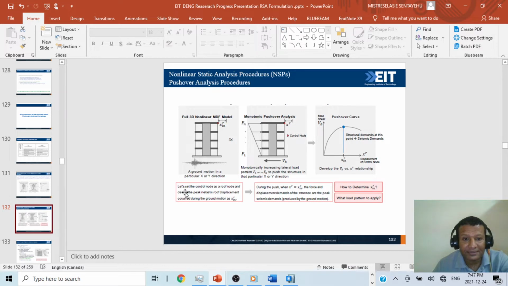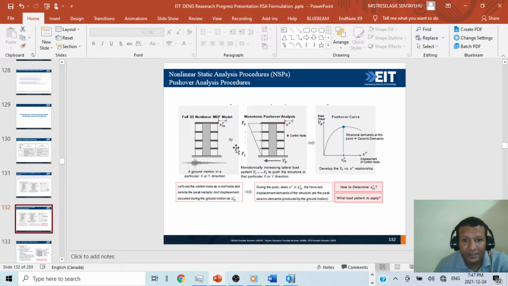For example, let's set the control node as a roof node here, and denote the peak inelastic roof displacement occurred during the ground motion as X inelastic R. Then we perform full dynamic analysis, extract the responses and find the displacement, and finding velocity and acceleration will be easy.